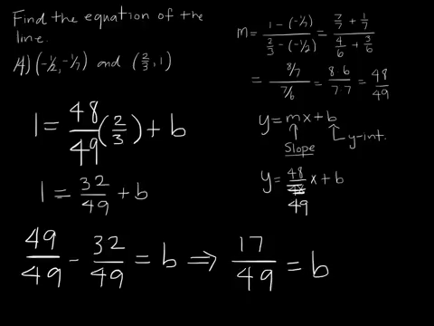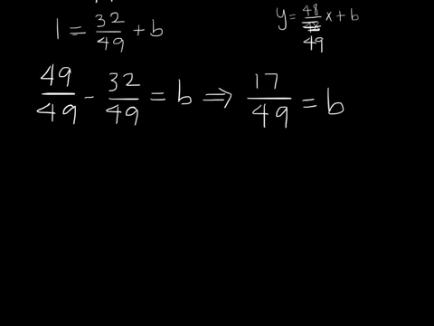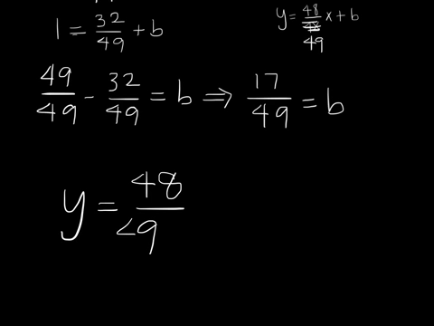So now all I need to do is put this b back into my equation here, and I'll have my final solution. So that's y equals 48 over 49 x plus 17 over 49. You can compare this to the last method and see which you think is easier.